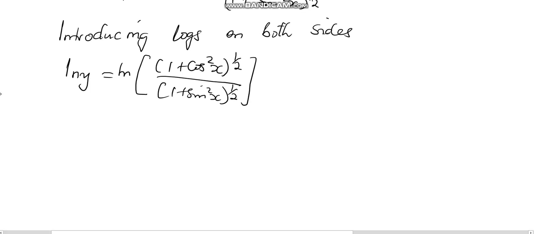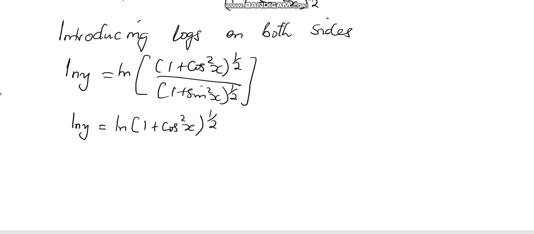So we have ln y is equal to ln of (1 plus cos squared x) to the power half, minus ln of (1 plus sine squared x) to the power half. Then there's another property of logs: log of a to the power n is the same as n log a.